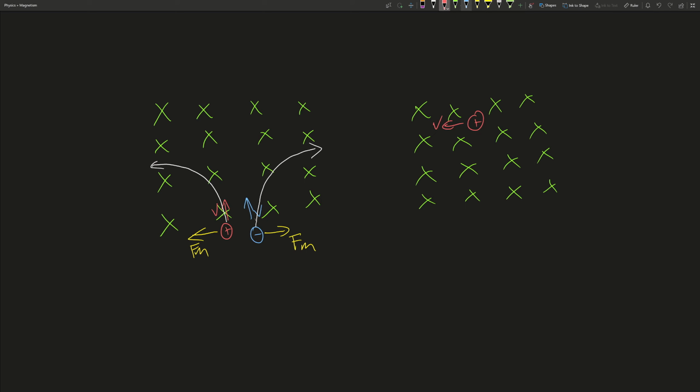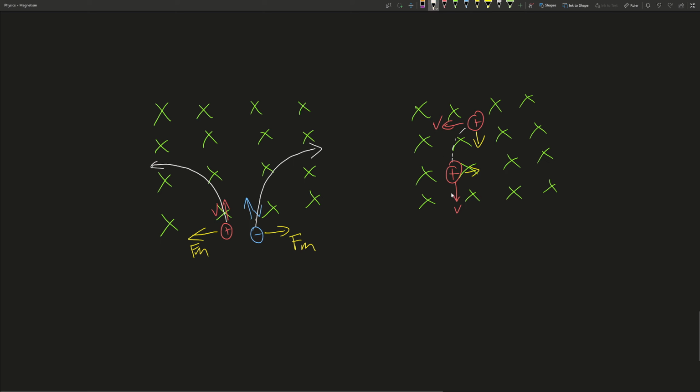That means that the force is going to be perpendicular again. So if we're using this, we'll see that the force is going to be inwards here. But after this particle has traveled a little bit, let's just say to here, this velocity is going to be in this direction, and the force is still going to be 90 degrees perpendicular to it.